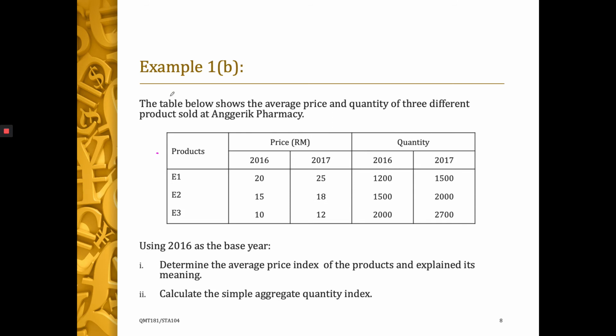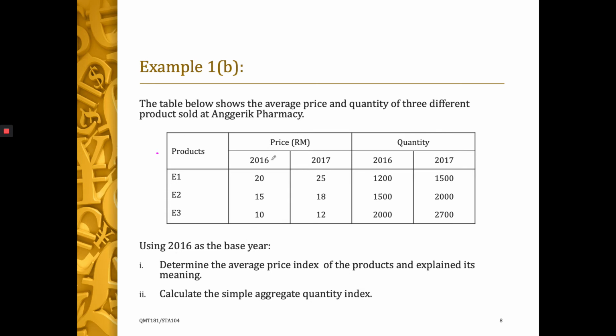Okay, the next one. The table below shows the average price and quantity of 3 products sold at Unweighted Pharmacy. So here are the products E1, E2 and E3. You have price for 2016 and 2017, and then you have quantity for 2016 and 2017. It mentions here using 2016 as the base year.